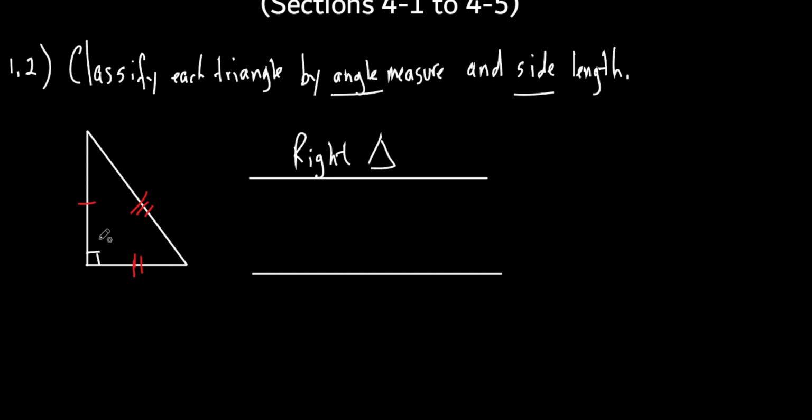So what do we call a triangle with all different lengths? It's scalene. What's isosceles? Isosceles, 2 of the sides, right? So this is a scalene triangle.